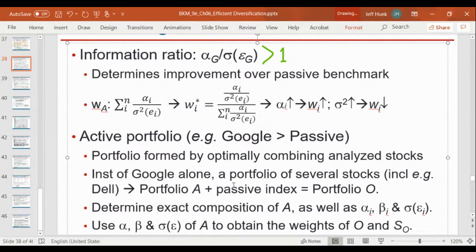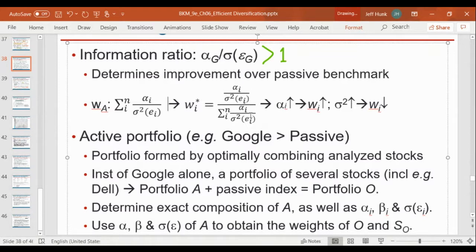And think about it. If the alpha of stock A increases, then it will increase the weight of A in the active portfolio.